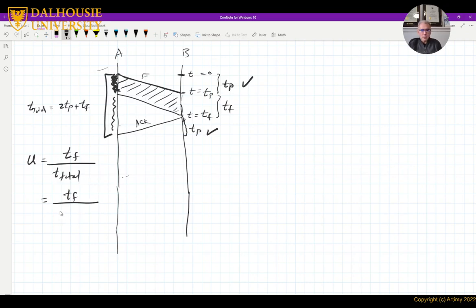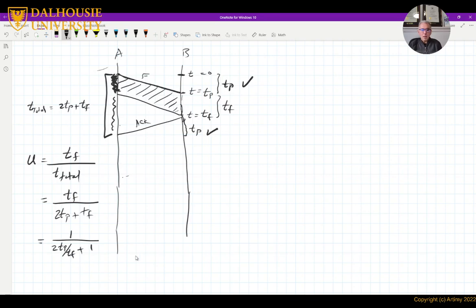Top part, over TP plus TF, right? Doing some manipulation, so let's divide both the top and bottom of the equation by TF, so I can say this is 1 over TP over TF plus 1.